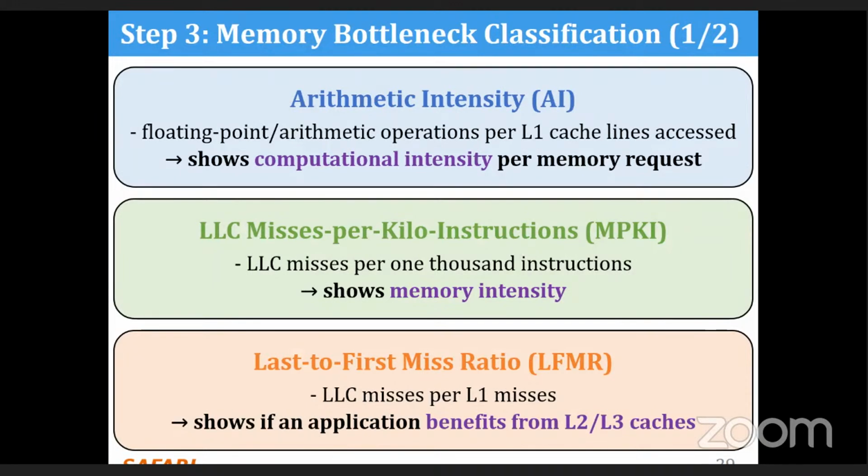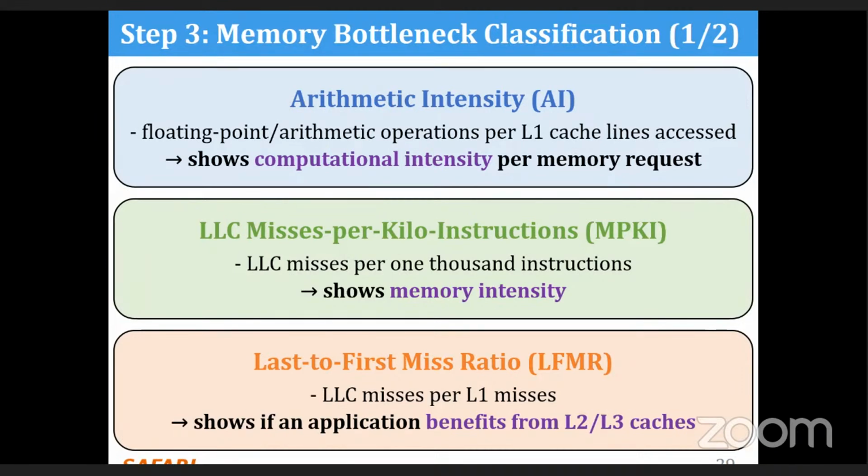In some sense, what this metric is going to show is how much an application can benefit from L2 and L3. So if the last to first miss ratio is high, it's because we have many misses in the last level cache compared to the L1.